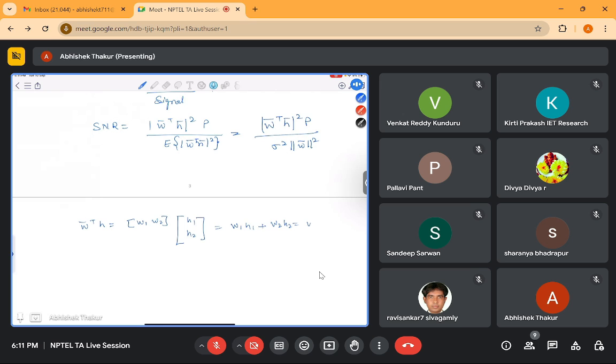This is basically the dot product, and this value will be maximum when the angle between them, theta, is 0. If theta is equal to pi by 2, then the value will be 0.